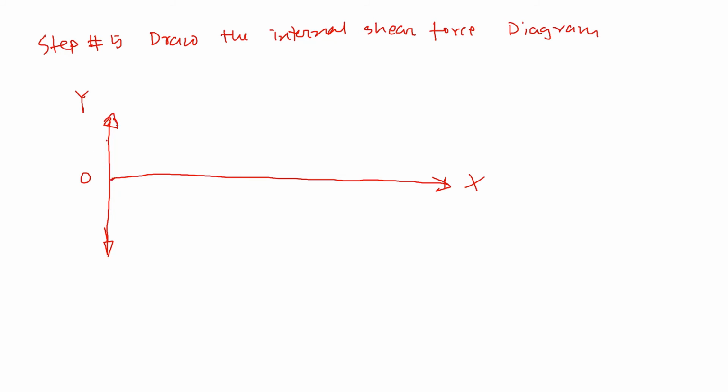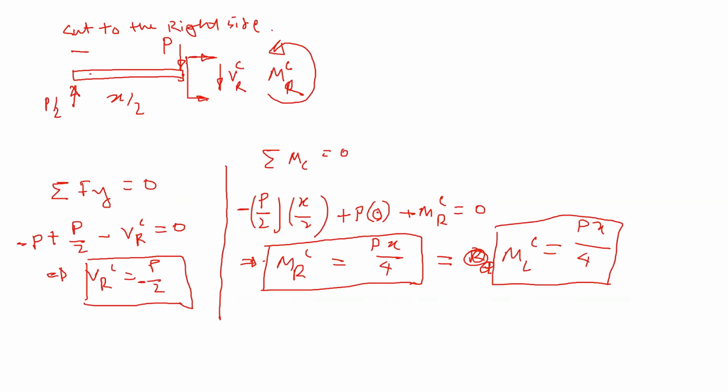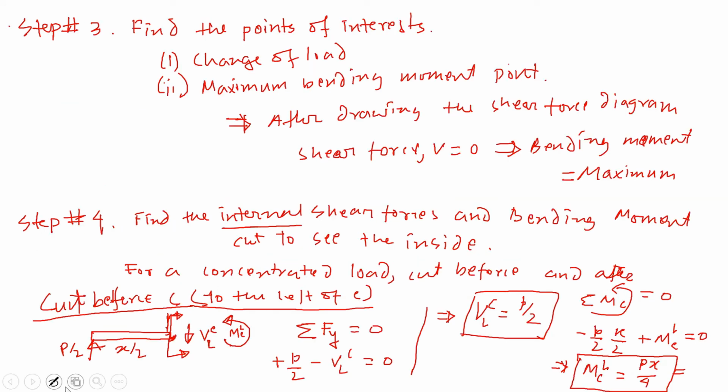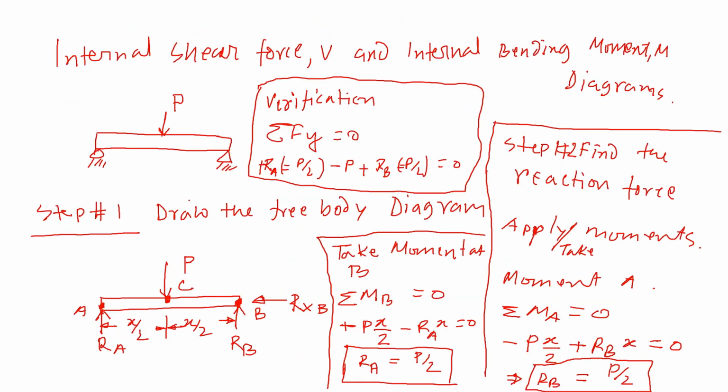Now we have to assume that this is, let's say, P by 2, because if you look at point A, this was our point A, and then let's say this is point C and this is point B. If we go back, that was the problem, the load diagram.